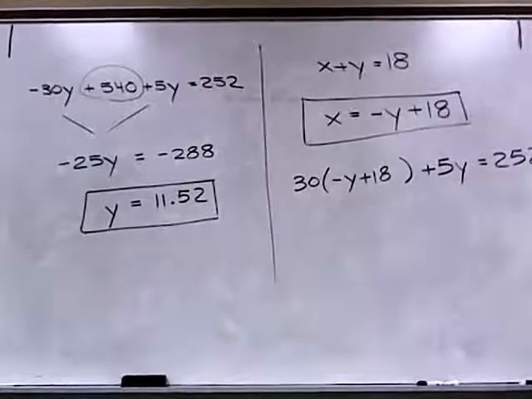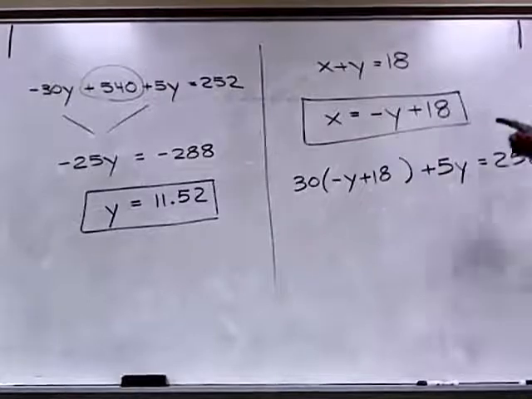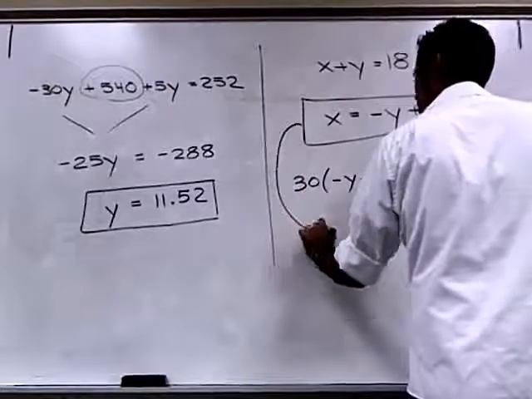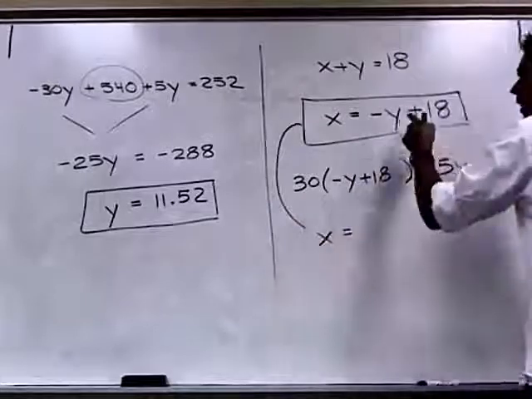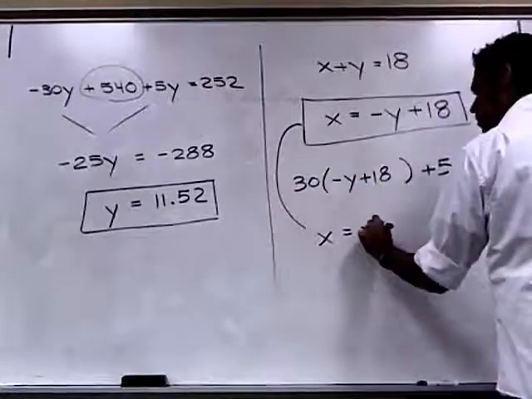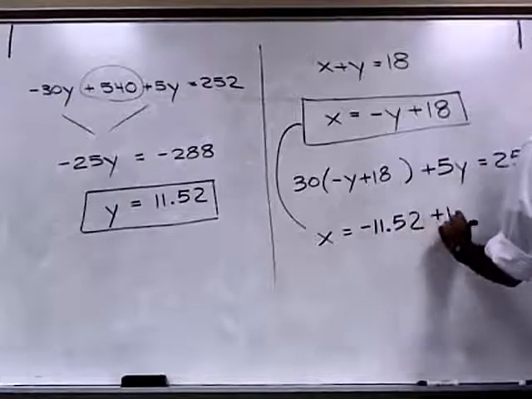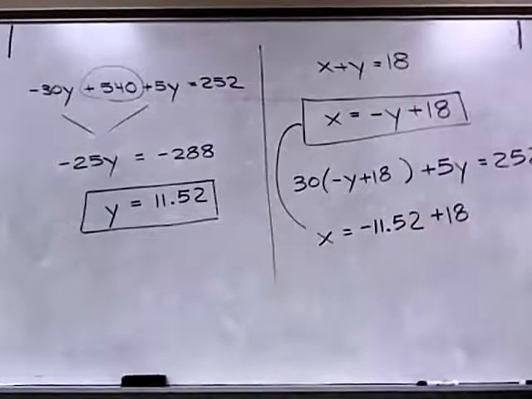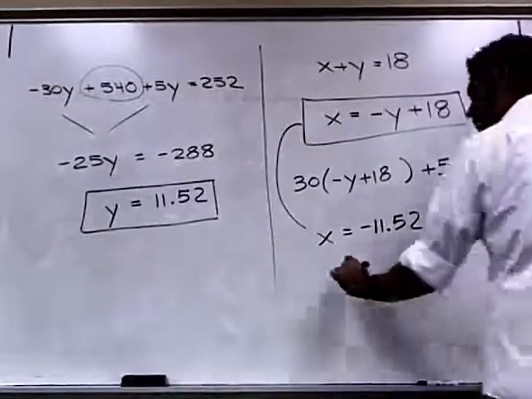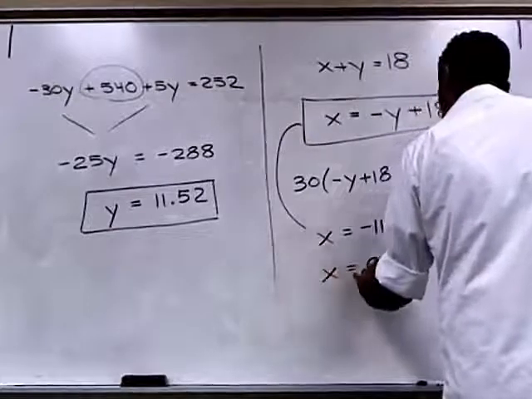If I know what y is, I can go back and get x, can't I? So to get x, I plug in here. X is equal to negative y plus 18, but we just found out what y was. So negative 11.52 plus 18. What would that be? 6.48.